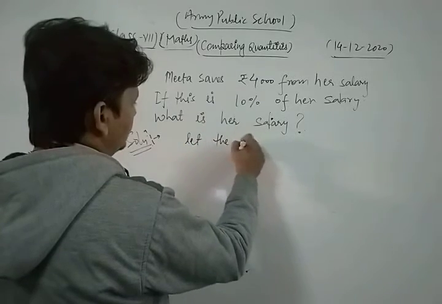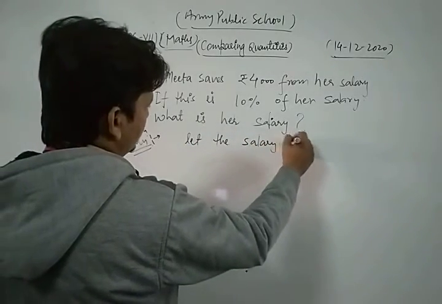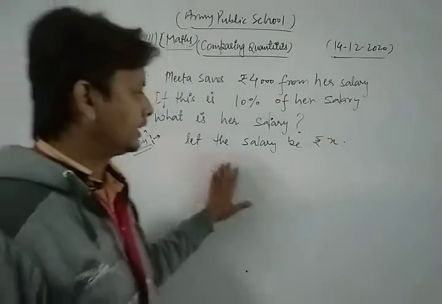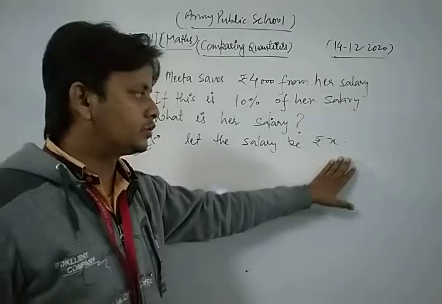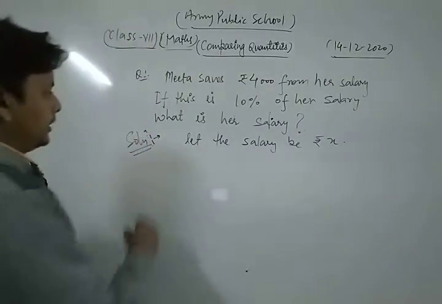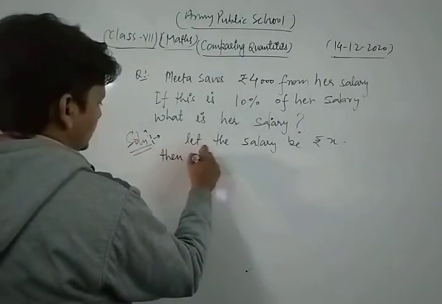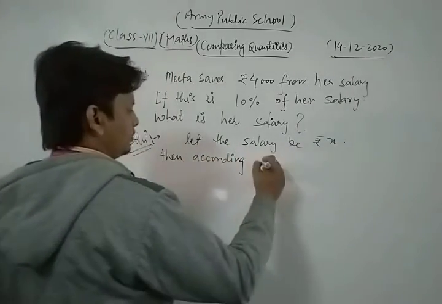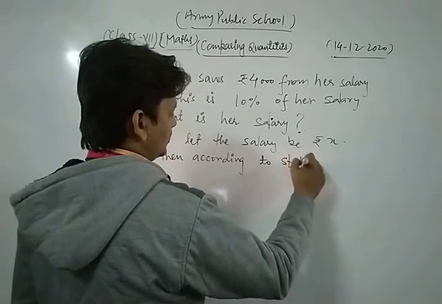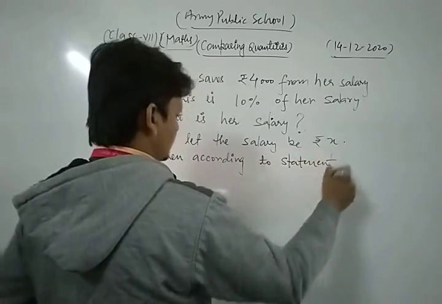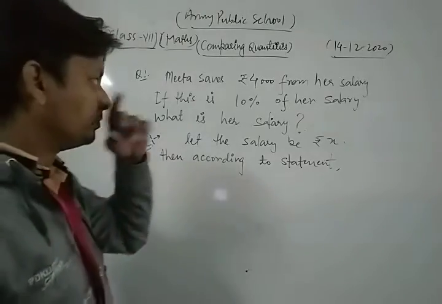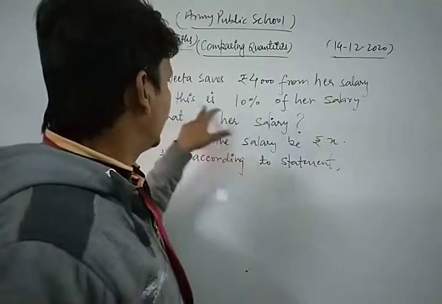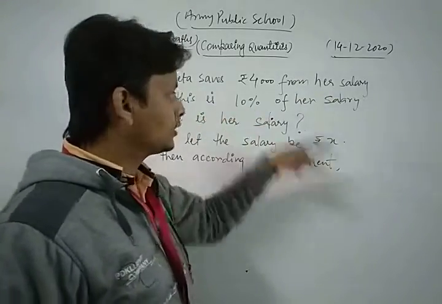Let the salary be rupees X. First of all we take, let her salary be, dear students, X. Then according to the statement, the saving amount is 4,000 from her salary, and this is 10% of her salary.